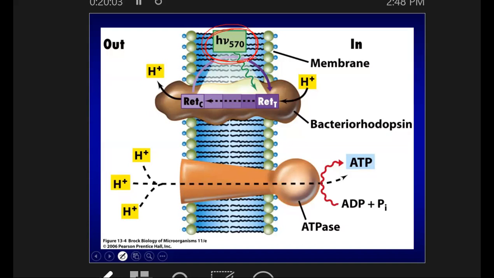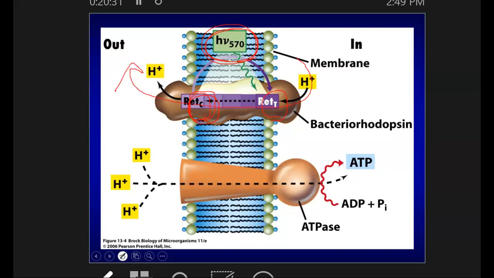Anyways, the 570 nanometers of sunlight energy strikes the retinal, and that converts the retinal from the trans form of the pigment to the cis form. Is anyone else shuddering with organic chemistry references here? Trans and cis. Ooh. So that physical shift allows for proton pumping.